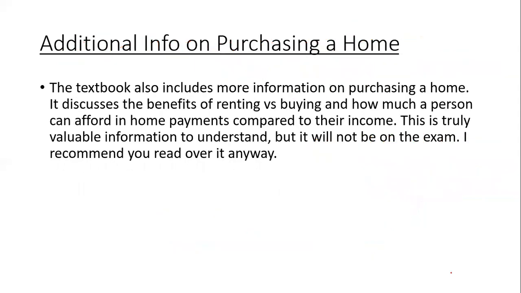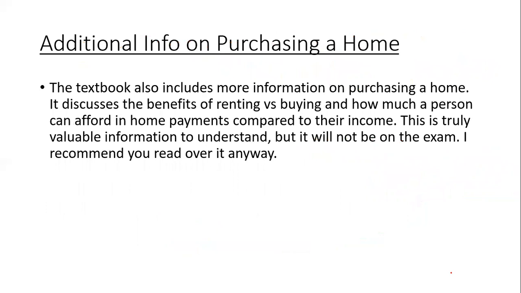The section 8.7 also includes a lot of additional information about purchasing a home that will not appear on your test. It discusses the benefits of renting versus buying, and also how much a person can afford in home payments compared to their income.